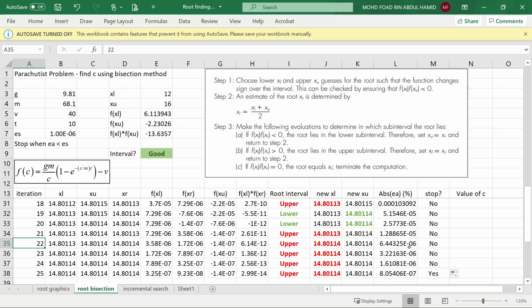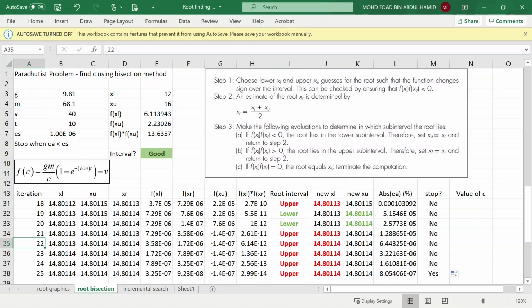So it is a good enough approximation, but to stop the iteration, we need this error to be less than 1 times 10 to the minus 6. This is still 6, which is greater than 10 to the minus 6. So this is 8.05 times 10 to the minus 7. So it stops at 25. See, so this is the stop.